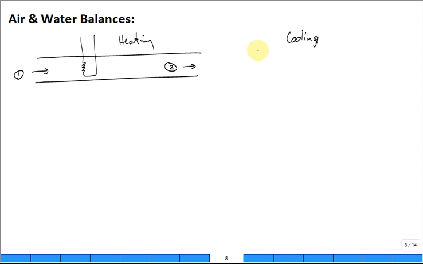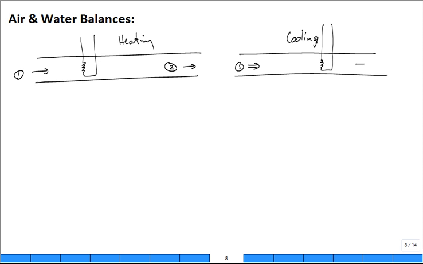Another application is cooling. So I have another coil and some fluid running through it. Could be refrigerant, could be water, could be other liquids. And you bring in air at state 1 and pass it over that cooling coil, and you take air out at state 2. So when we look at what's happening here, you better have a tray underneath one of these coils to collect some liquid.